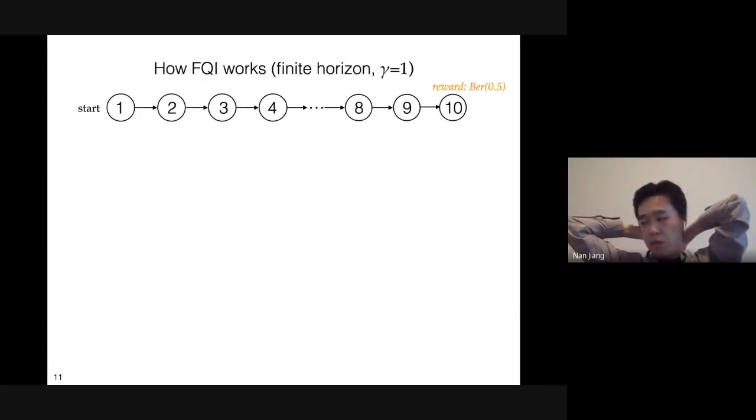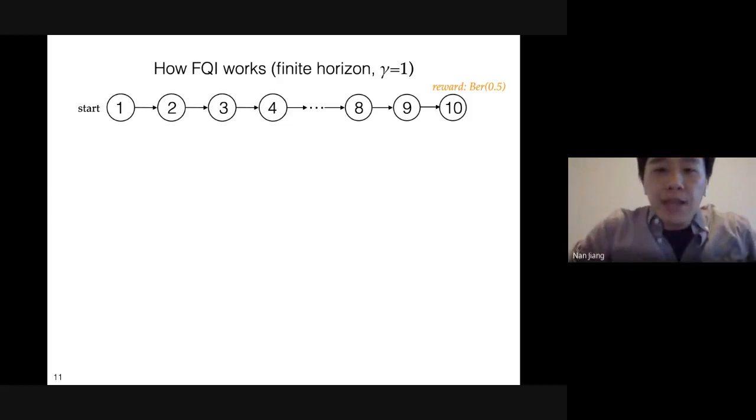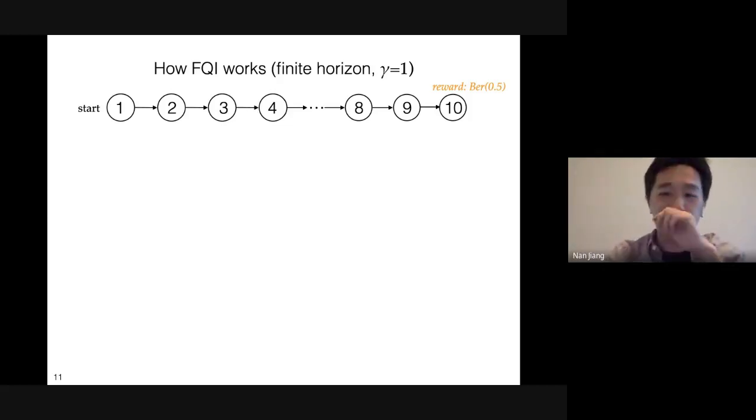Okay, so the example that I'm going to use here, again, is a finite horizon example, a very, very simple chain MDP where you start from state number 1 and just deterministically transition to state 2, 3, 4, all the way to 10 or whatever. And there's no intermediate reward, and you just get a Bernoulli reward at the end.